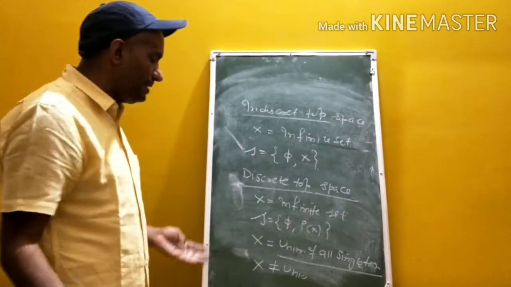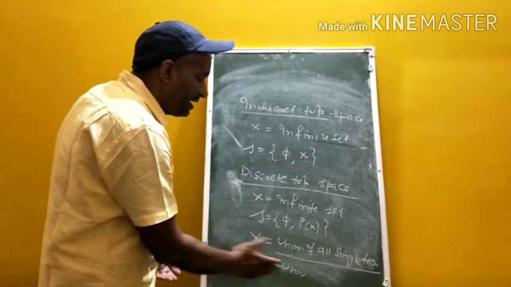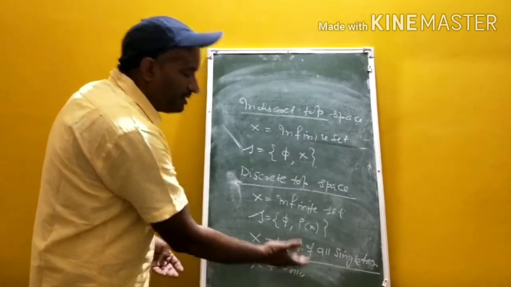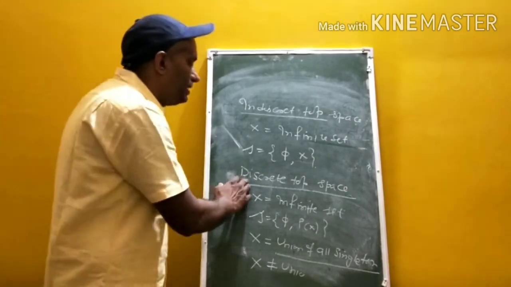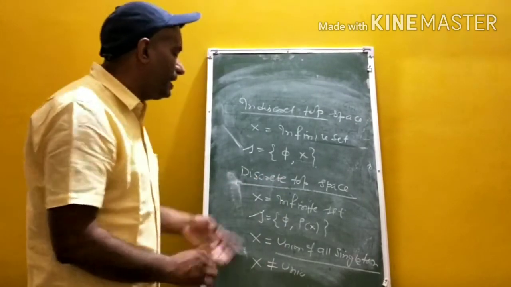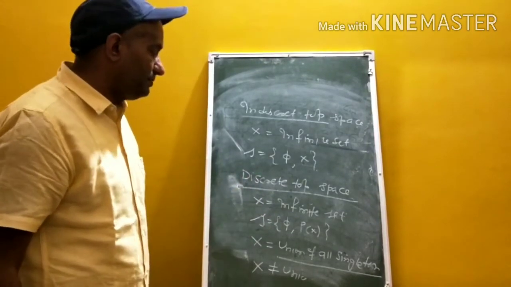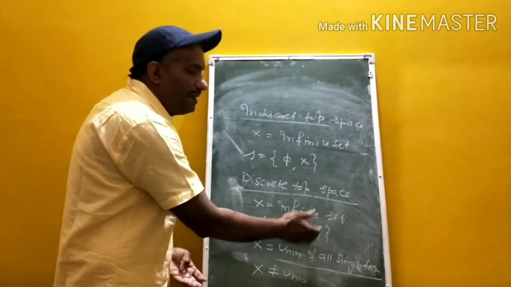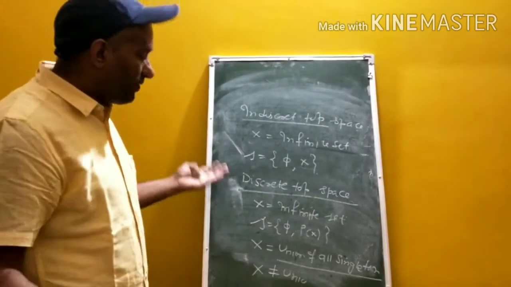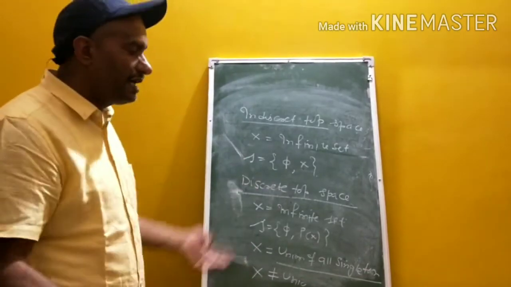If you remove some elements, then X cannot be equal to this union, because X is infinite and this union is finite, so they cannot be equal. So a discrete topological space with X infinite is not compact. When X is finite, it is compact, because X can be written as a union of finitely many open sets, and a finite set is always compact.